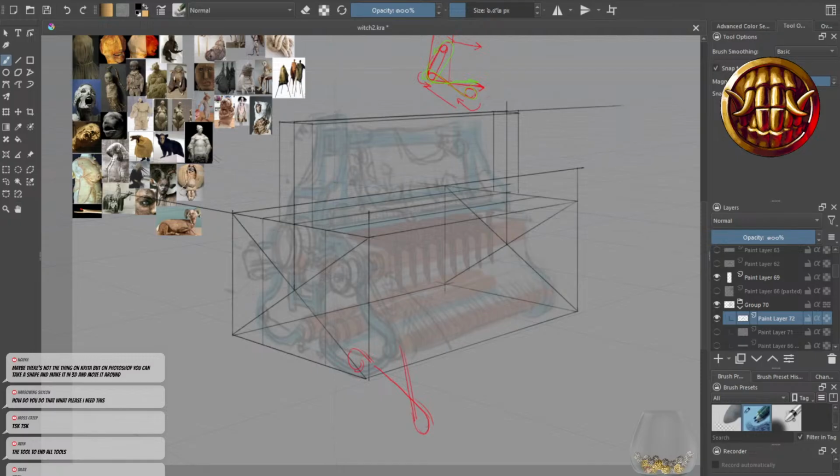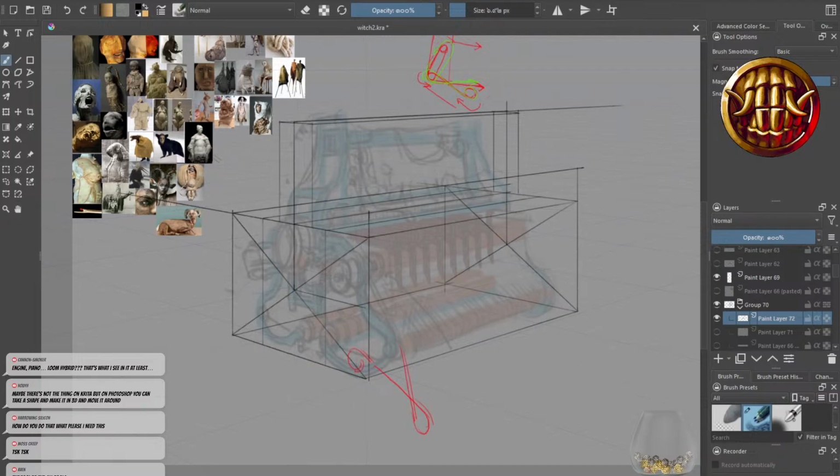Maybe there's, not on Krita, but on Photoshop you can take a shape and make it 3D and move it around. No, no, I'm happy with this.